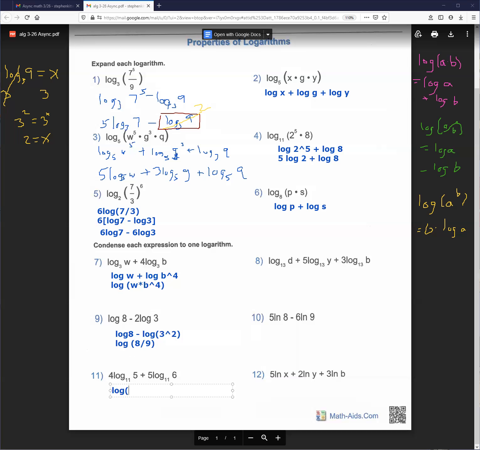Number 11: log of 5 to the fourth plus log of 6 to the fifth, which I don't feel like carrying those numbers, so we're going to grab a calculator real quick to ask what is 6 to the fifth.